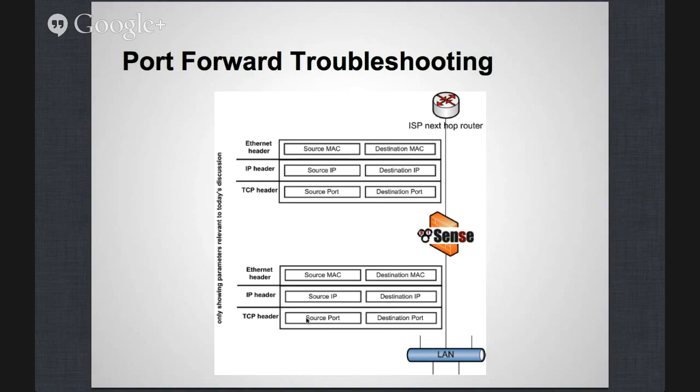The source port will also stay the same from what it was externally to what it is internally, unless you have manual outbound NAT set up and are actually telling it to rewrite source ports going out of LAN. And then the destination port is whatever target port you specified in the port forward rule.